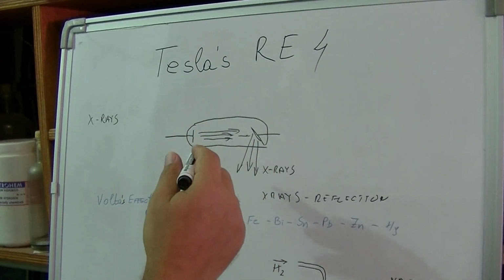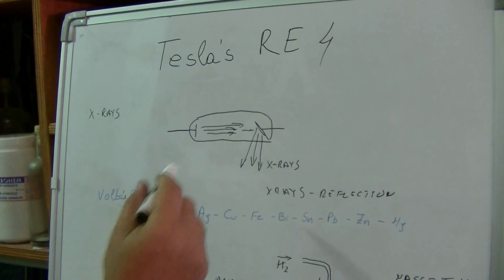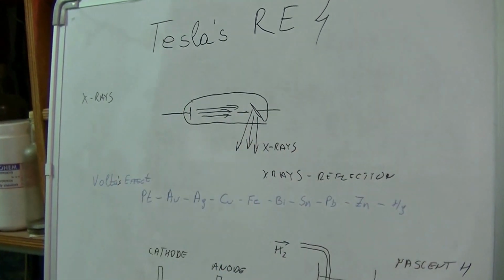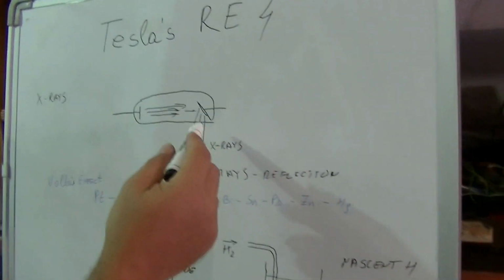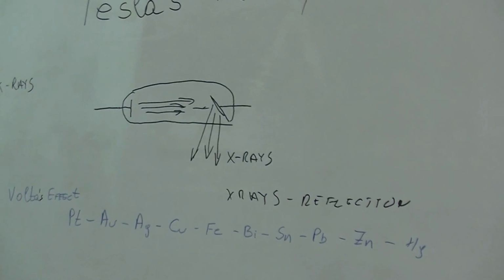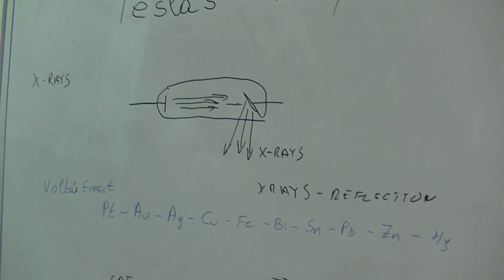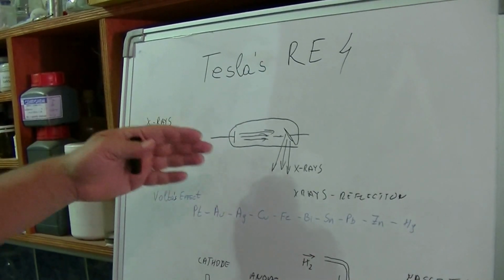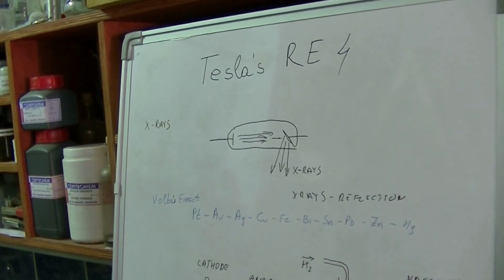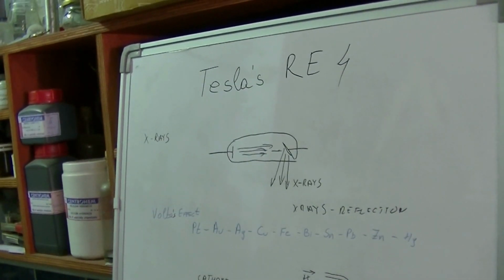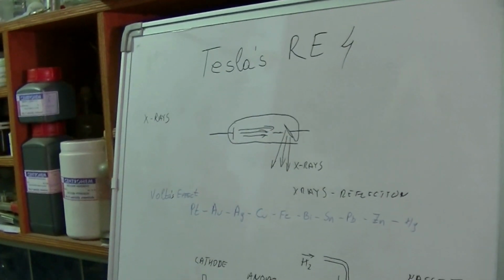If the voltage is higher and the vacuum inside the tube is higher, the X-rays are more powerful and can penetrate many materials. So it depends on the high voltage, which produces high speed of particles, electrons here. Tesla worked with that.